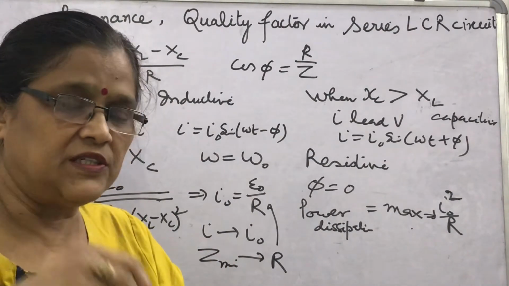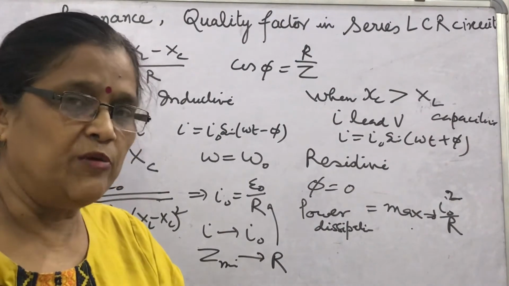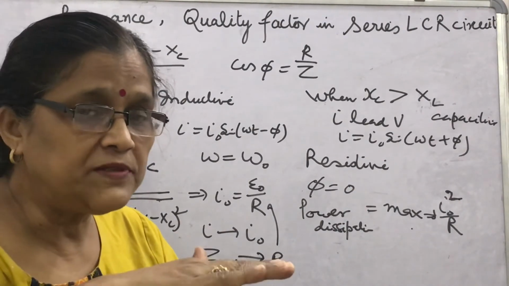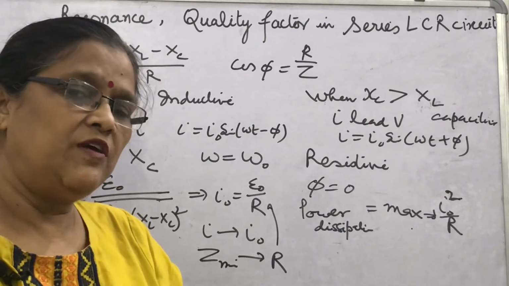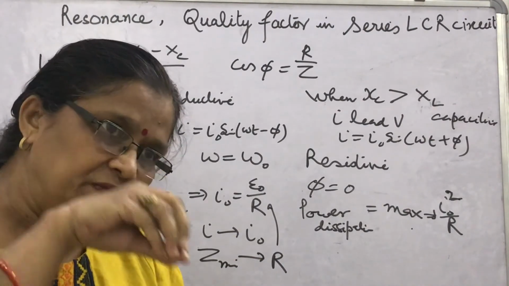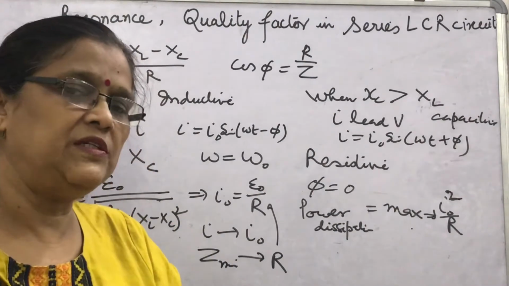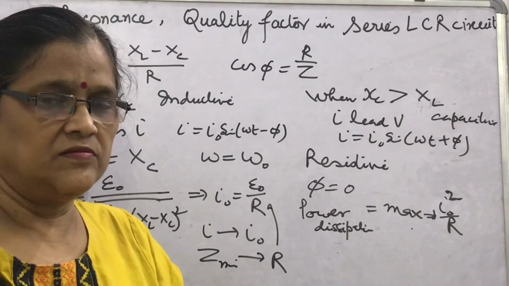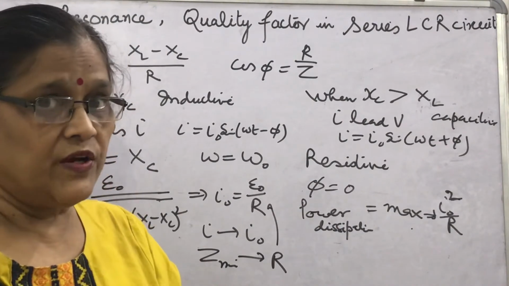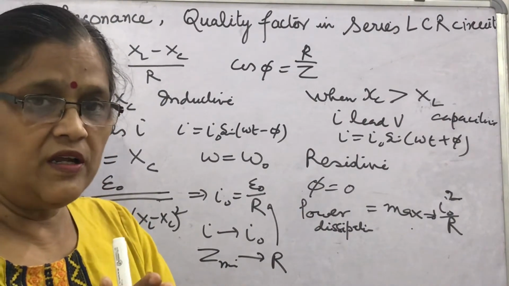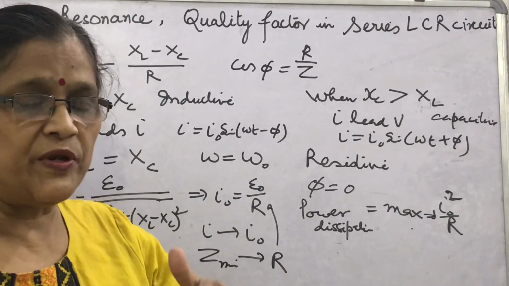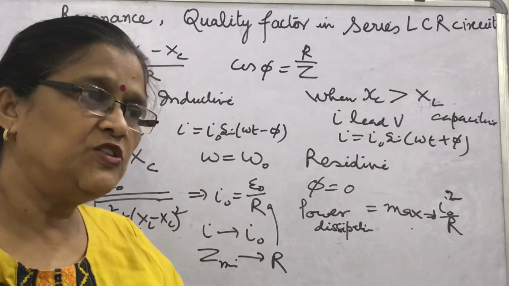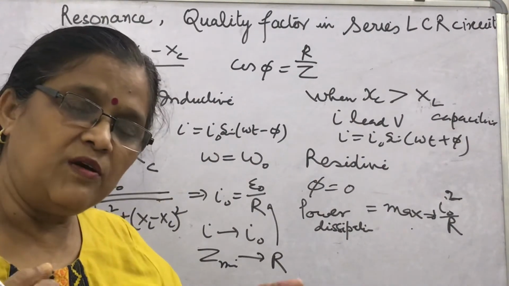So that station is clearly audible or visible. Again I am saying, the frequency of the set matches the frequency corresponding to which a program is broadcasted. In this frequency matching phenomenon, the amplitude of current becomes maximum and power is maximum, so that program is clearly audible or visible.